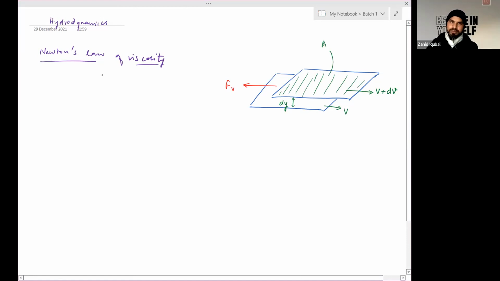So according to Newton, liquid always flows in a layer by layer structure in which each layer opposes its neighboring layer by a force which is called viscous force. This viscous force is directly proportional to the area of the liquid layer and also to the velocity gradient.